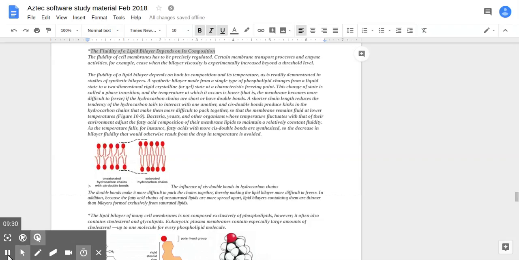So this shortness or double bond aspect of the phospholipid molecule makes them less rigid. It makes them less likely to freeze. So the shorter the fatty acid tails, the more polar the molecule and the more fluid.